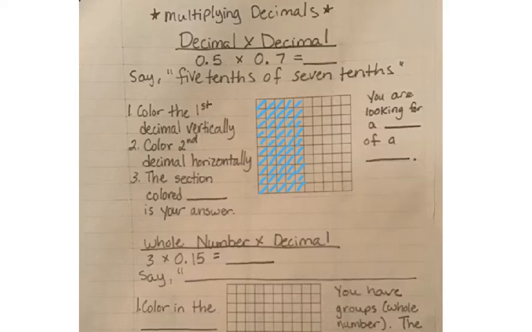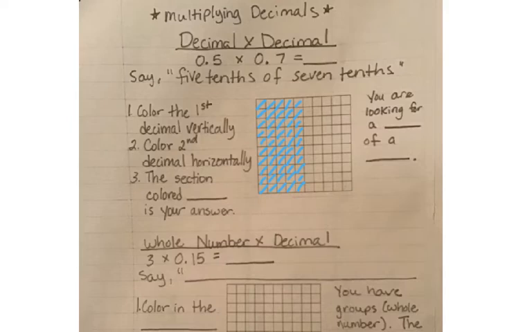All right, so we wrote 5/10 first. Now horizontally, we're going to put the second color. Do a little Easter colors here. Yeah, we'll do purple.